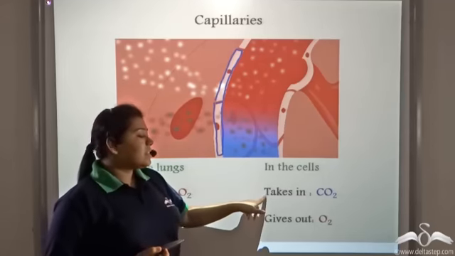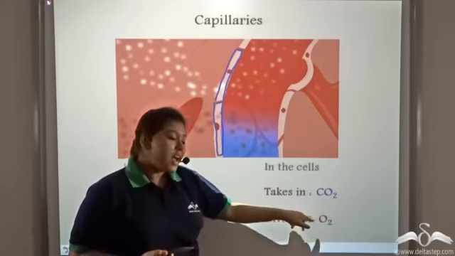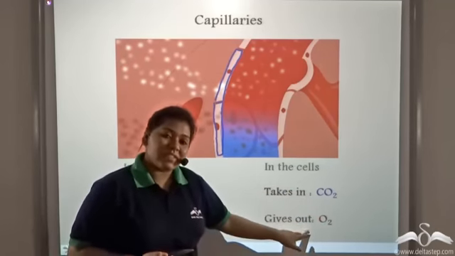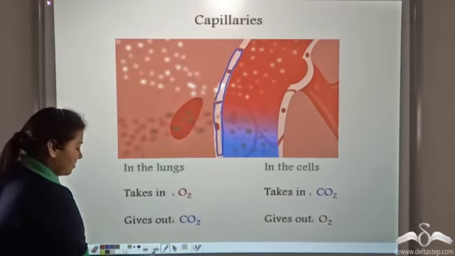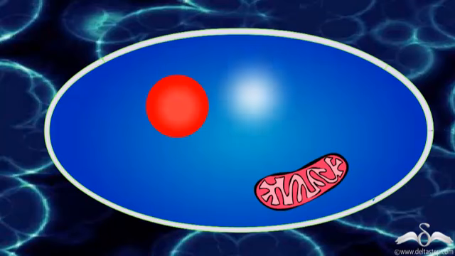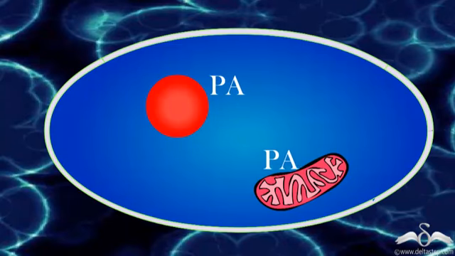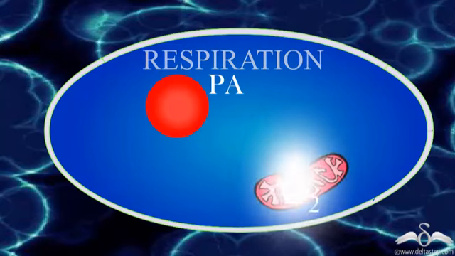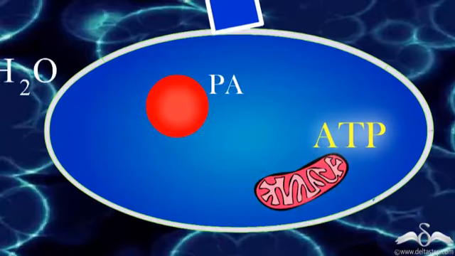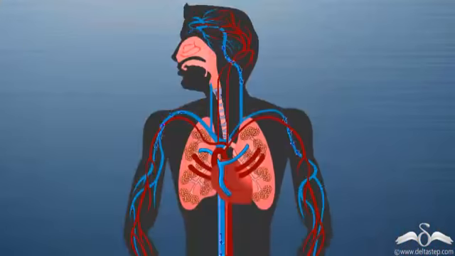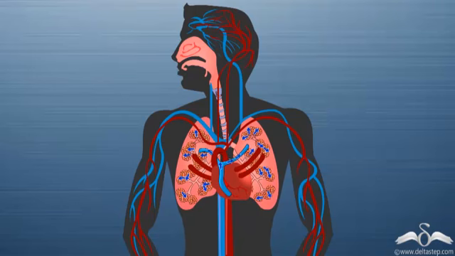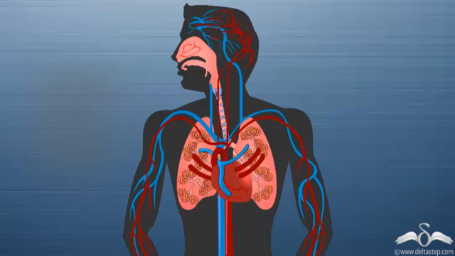The capillaries take in carbon dioxide and give out oxygen. So, during cellular respiration, carbon dioxide is generated, and this carbon dioxide is again brought to the lungs through blood vessels, and from the lungs, it is eliminated from our body through our nose.